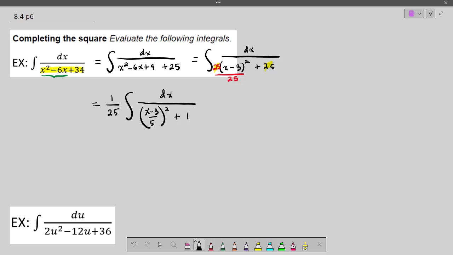So we have two techniques that will work from this stage going forward. What form is that integrand in as we're looking at it? Inverse tangent, arctan. So we could actually integrate this directly with arctan and the reverse chain rule, because that is an arctan form.